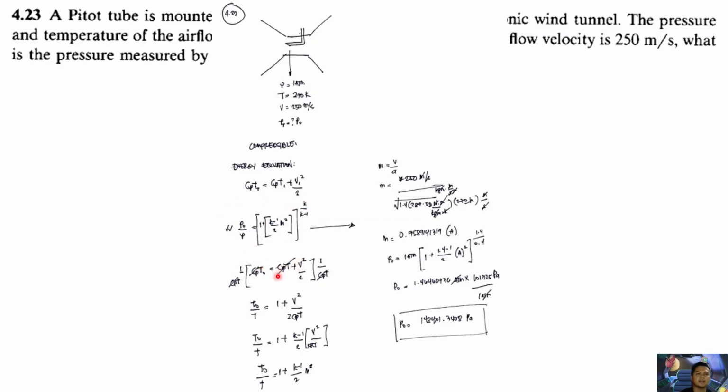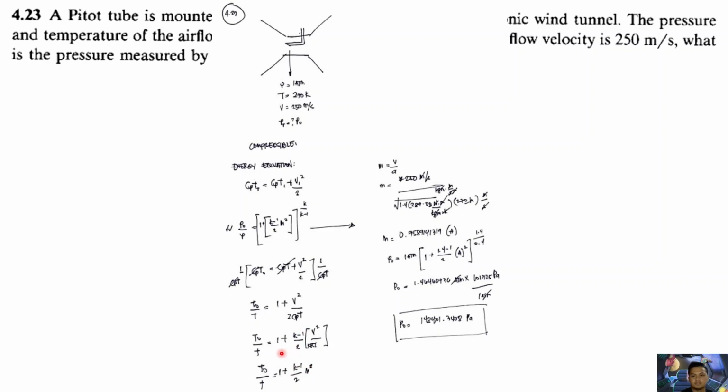So, this just shows how this was derived before. So, we have from CPT0 is equal to CPT plus V squared over 2. Multiplying both sides by 1 over CPT, we have the ratio T0 over T is equal to 1 plus V squared over 2 CPT. However, CP is equal to KR over K minus 1.